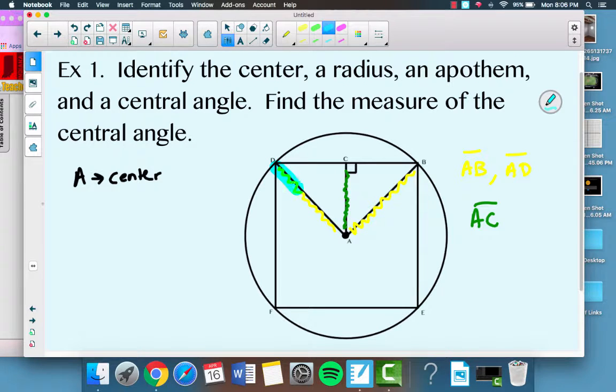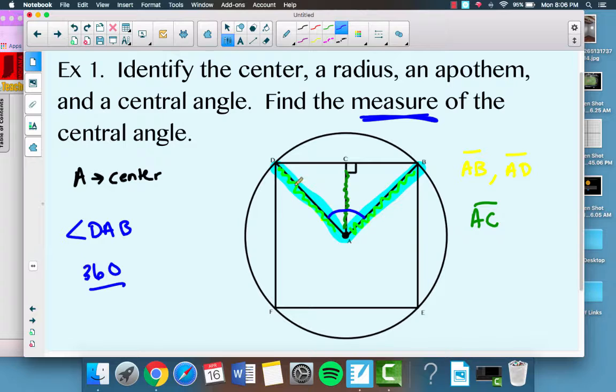So from D to A to B. So notice I highlighted that whole angle right here, all the way around. So I'm going to say angle DAB, or you can call it angle BAD, doesn't matter. And if I want to find the measure of that angle, remember that we take 360 divided by the number of sides. Well, I've got a rectangle here, that's 4 sides. So this angle measure that I just marked would be a 90-degree measure, and that's it.